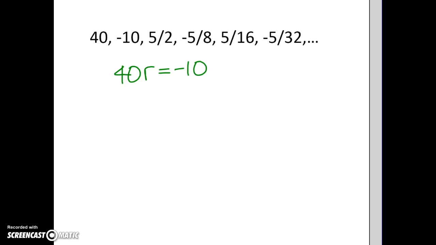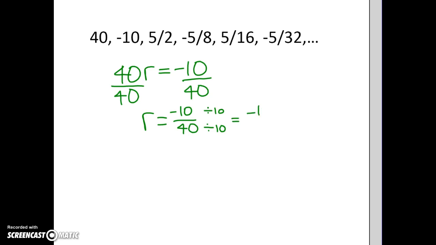Well, I could solve for this by dividing by 40. And r equals negative 10 over 40. That fraction does reduce. Negative 10 is divisible by 10, and 40 is divisible by 10. So that would actually equal negative 1 over 4.